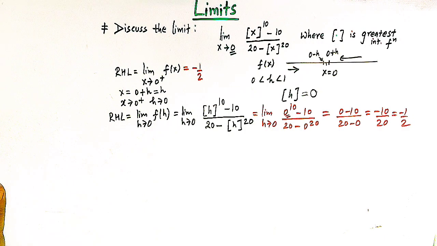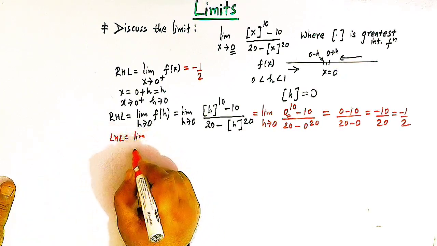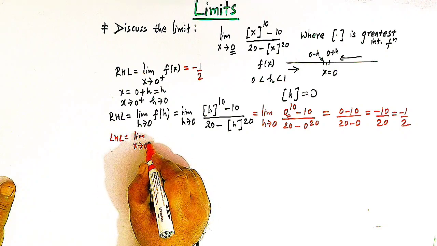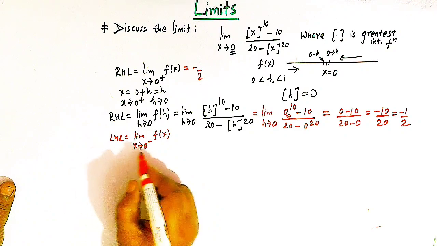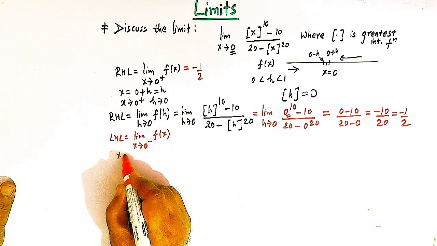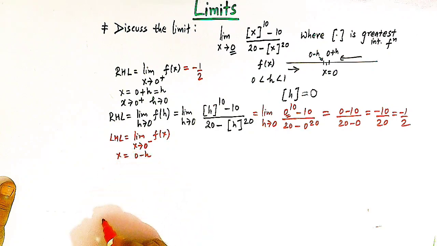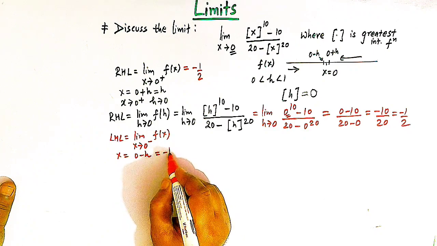Now let us find out the left hand limit. So the notation for the left hand limit is limit x tends to 0, here we put a negative sign, then we have f of x. Now, when we find out the left hand limit, we take x is equal to 0 minus h. And here 0 minus h is minus h.